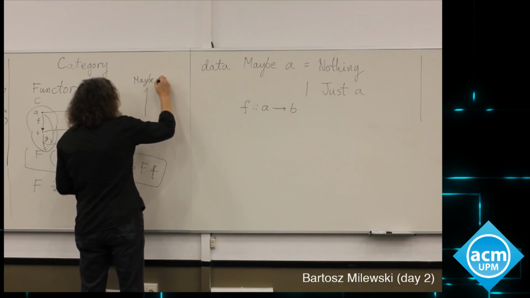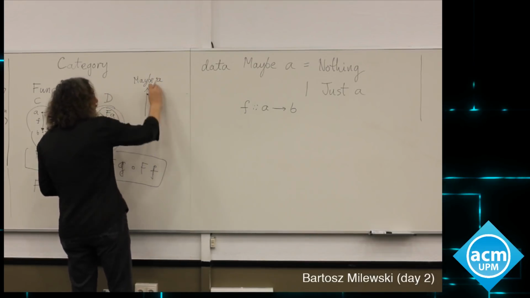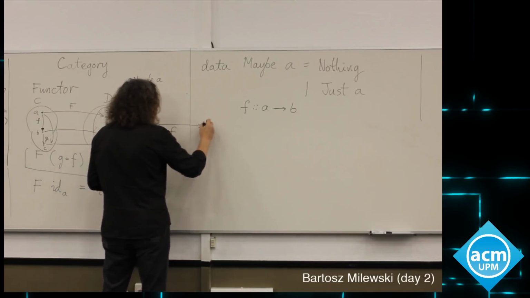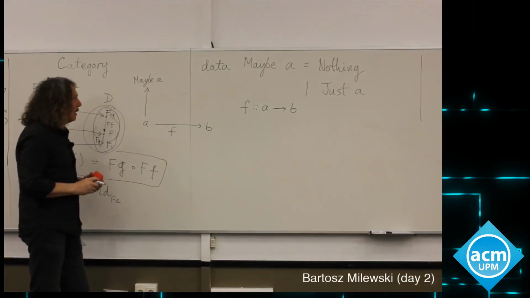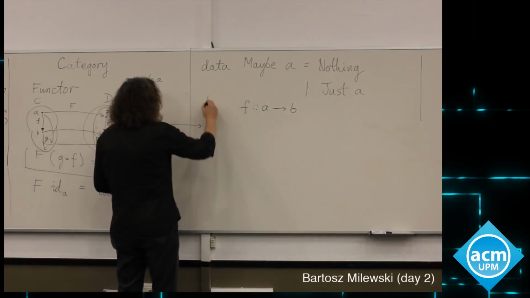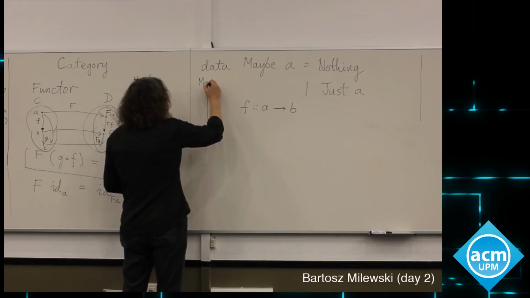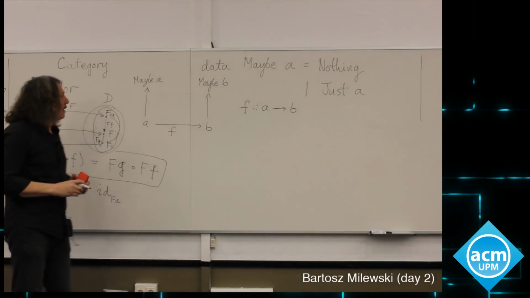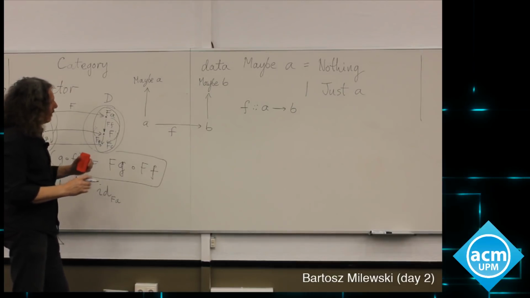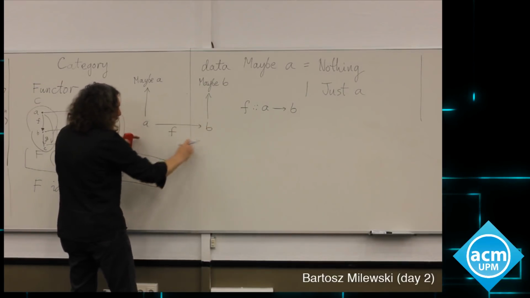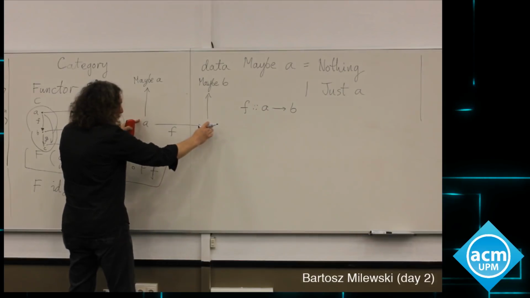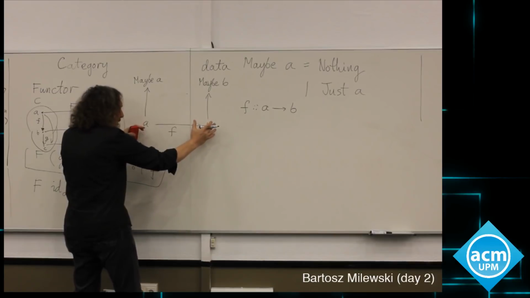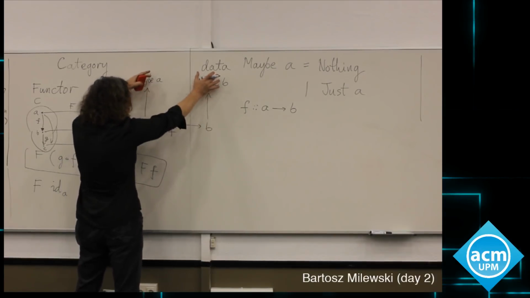So A is mapped into Maybe A, and we have a function f that goes from A to B. Now B is mapped into Maybe B. This is where the functor takes this picture into this picture.